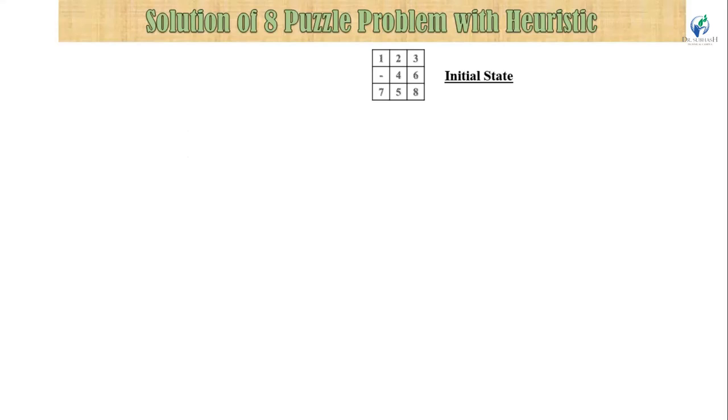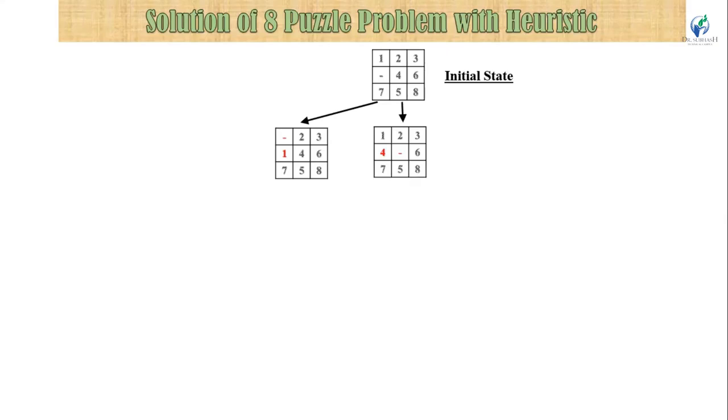First we apply the upside move, so we replace 1 and the empty space. Now we apply the right side move, so we replace 4 and the empty space. Now we apply the downside move, so we replace 7 and the empty space.